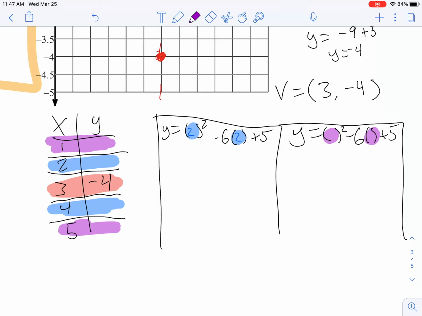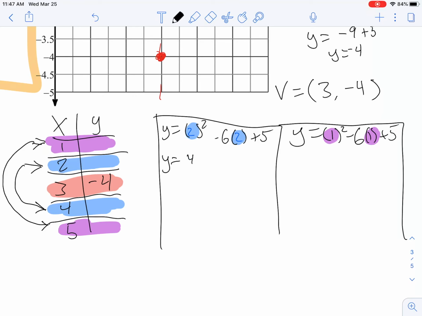I'm not using 1 and 5. I'm not using 2 and 4. Whatever I get for this 2, I get to plug in for this 4 as well. Whatever I get for this 1, I get to use for that 5 as well. But we're not mixing and matching in the equation. We're just using 2 and 1. So I'm going to solve this first one out.